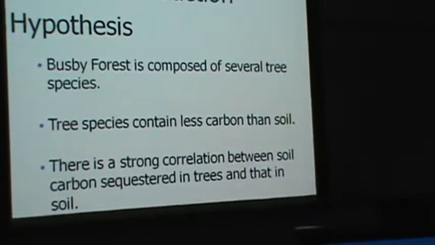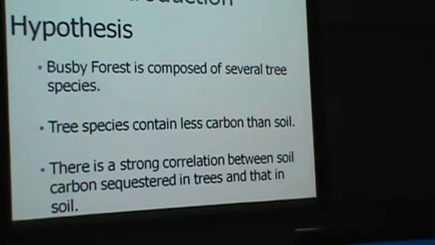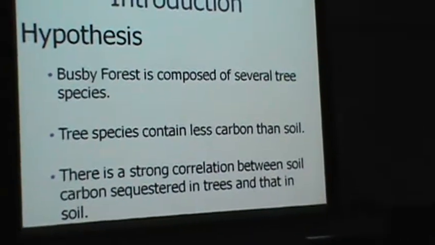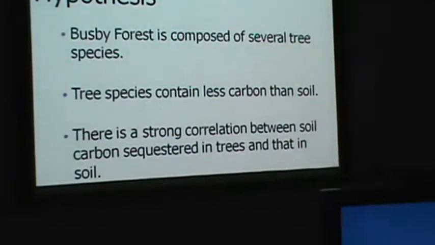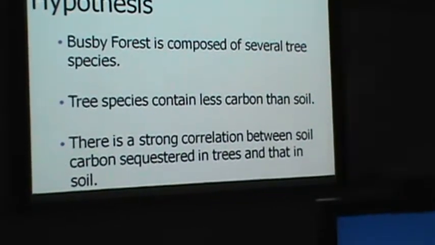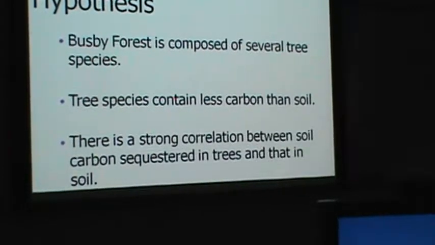It was hypothesized that Busby Forest is composed of several tree species, that the tree species contain less carbon than soil, and that there is a strong correlation between carbon sequestered in trees and that in soil.